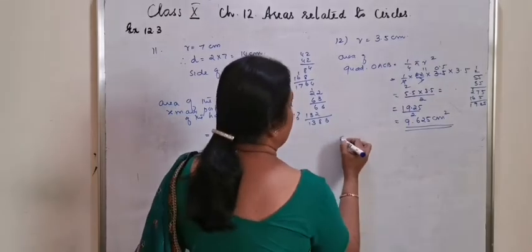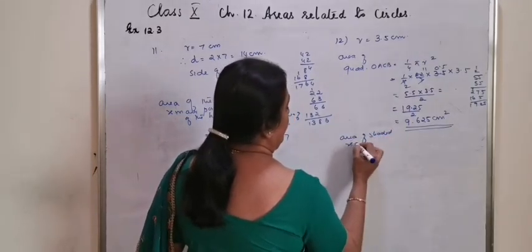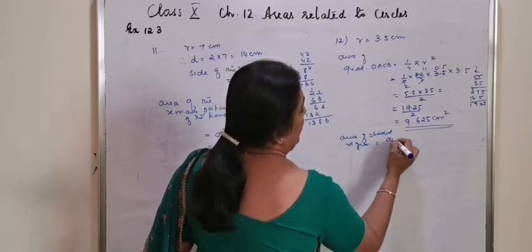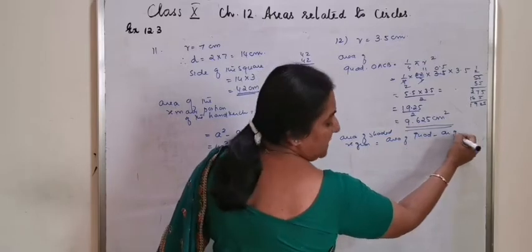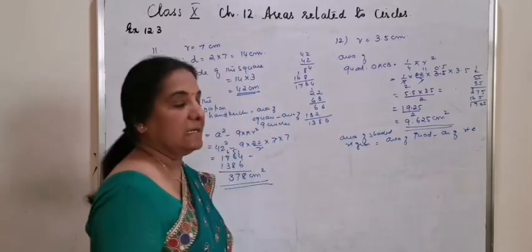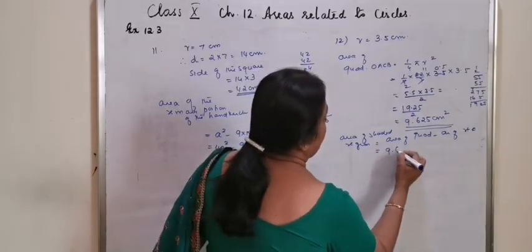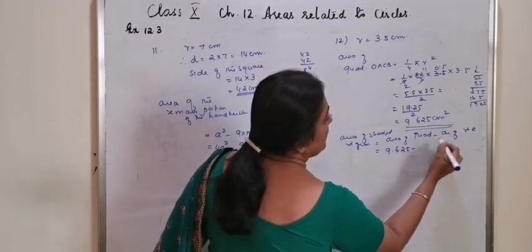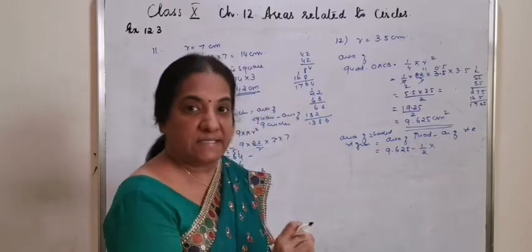Area of shaded region is equal to area of quadrant minus area of right triangle, because it's a quadrant, the angle is 90 degree, which is equal to 9.625 minus area of a right triangle is half into this radius is 3.5.